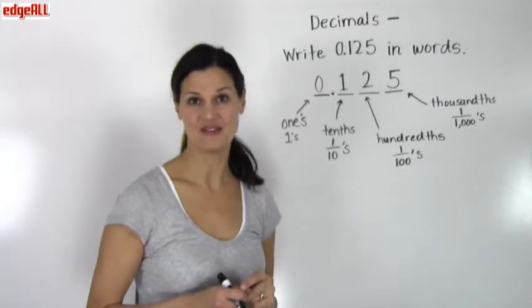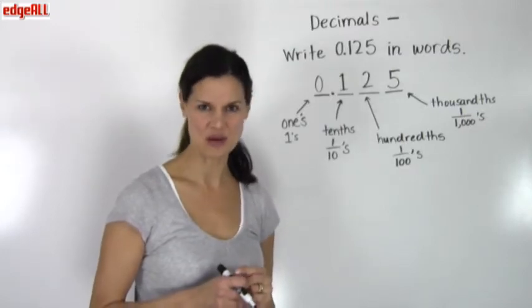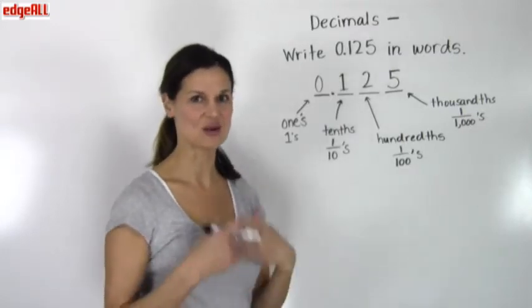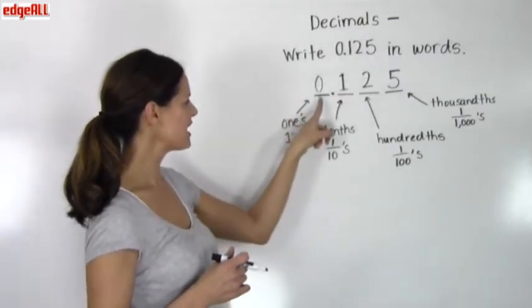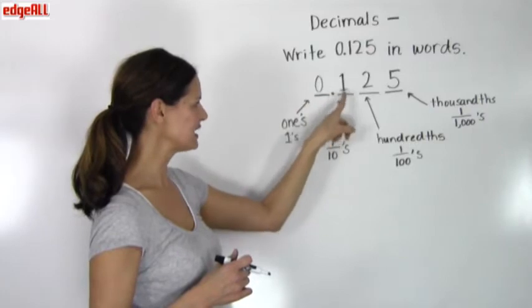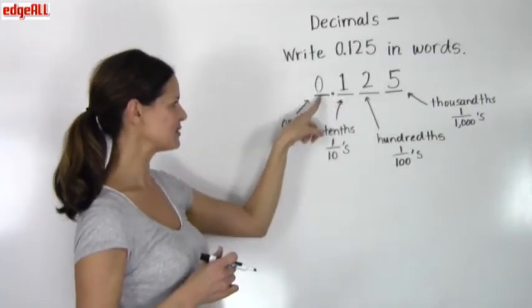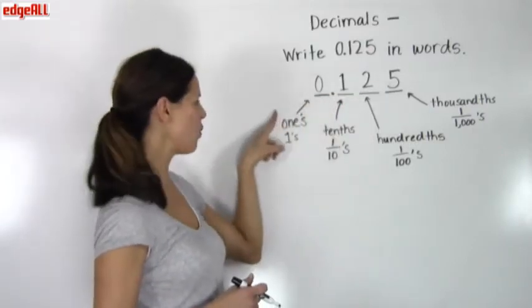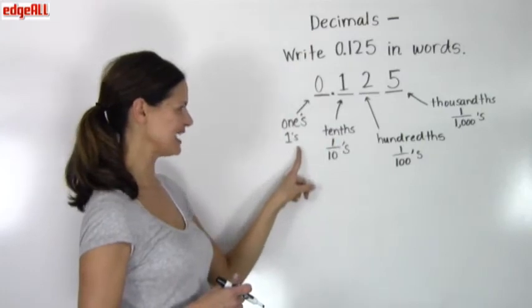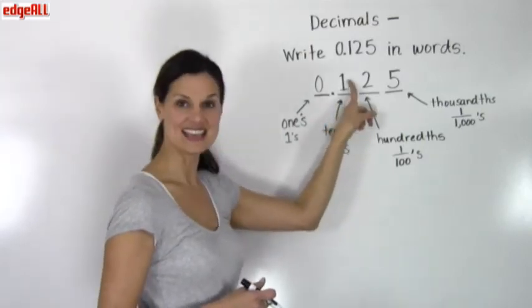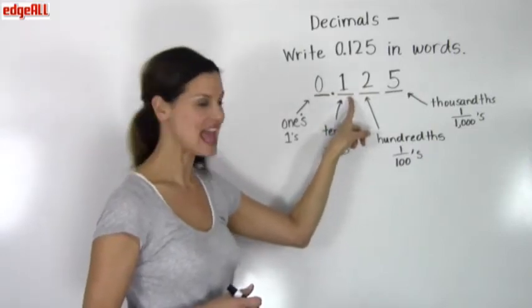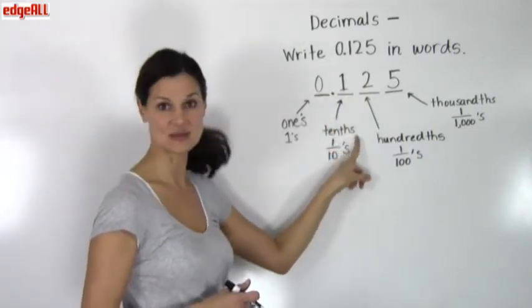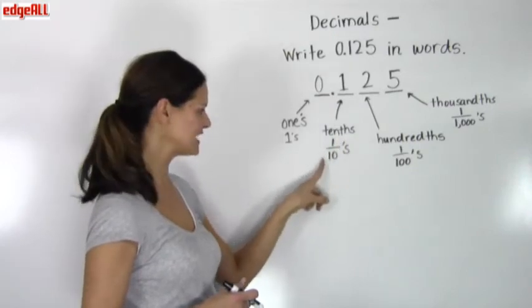Decimals also have place values that are very important when writing these in words or saying the number. Let's look at our number here, 0.125. The 0 here is in the ones place. Our 1 is the first number to the right of the decimal point, and that is in the tenths place, 1 over 10.